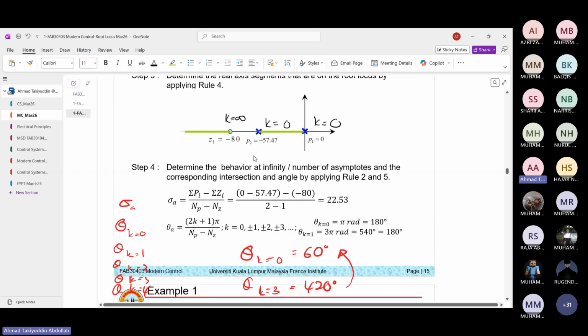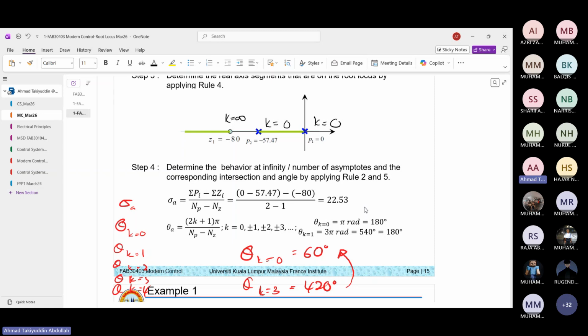The pole values will be 0 as well as minus 57.47, and we take the summation of these two poles in this parenthesis, minus 80 for the finite zero that we have, over the number of poles, 2, minus 1, and we are going to have it at 22.53. Got it, guys?